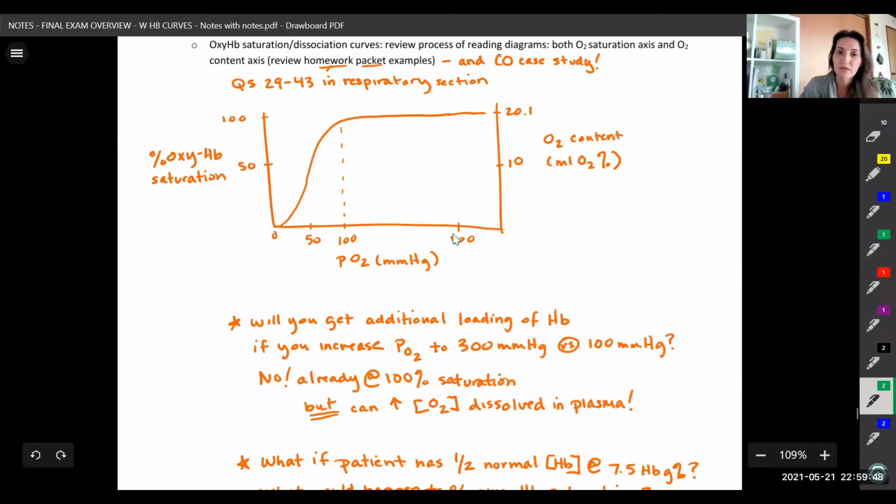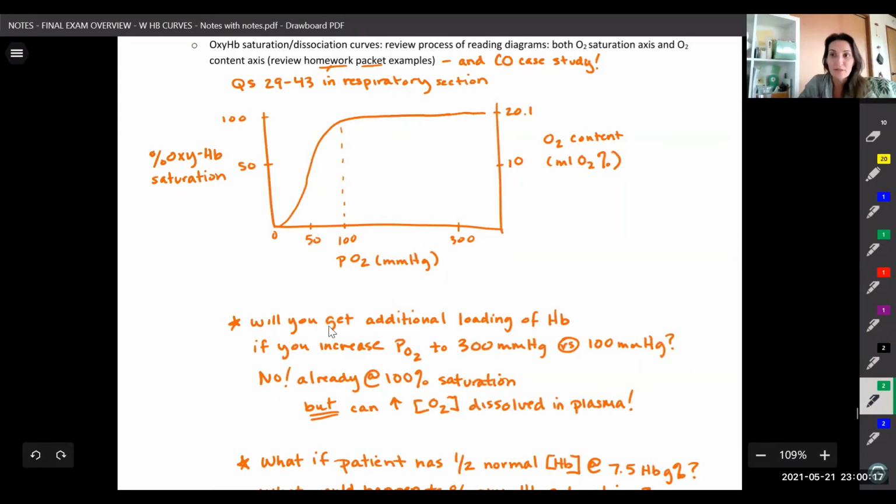If we go out to 300 millimeters of mercury, can we saturate that hemoglobin any further with that increase in pushing pressure? We're already at 100% saturation of hemoglobin. So whether we were at 200 or 300 millimeters of mercury, that's not going to make a difference here. We can't saturate the hemoglobin anymore.